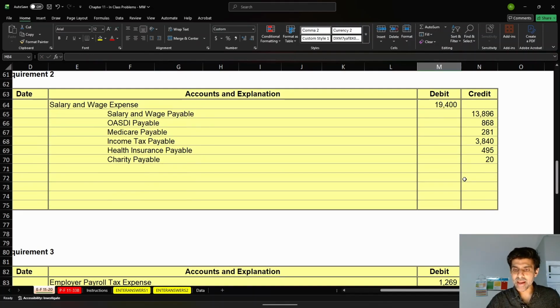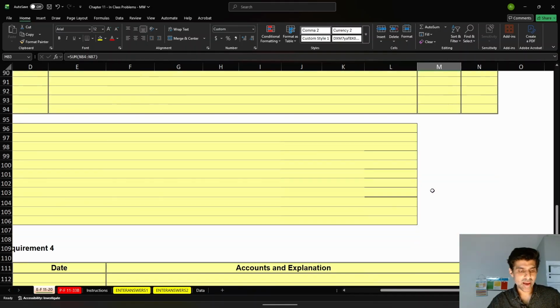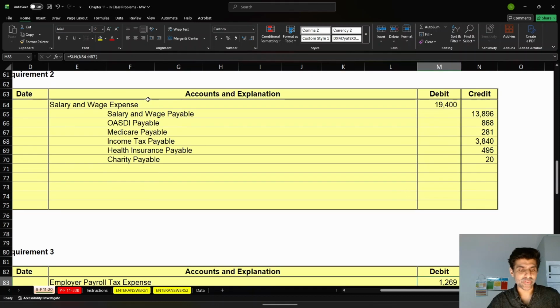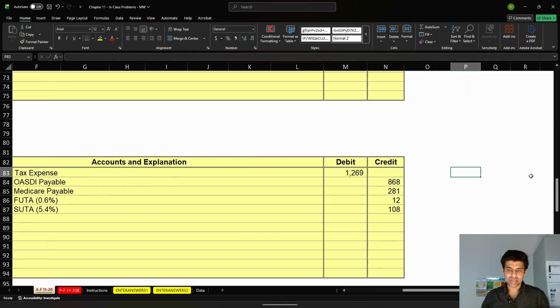So to have my employees, I paid this much as their compensation, and then an additional 1,300 almost for payroll tax. Now when we pay all this stuff off, we have all these payables. And just to remind you, OASDI payable, what is the total amount in there?